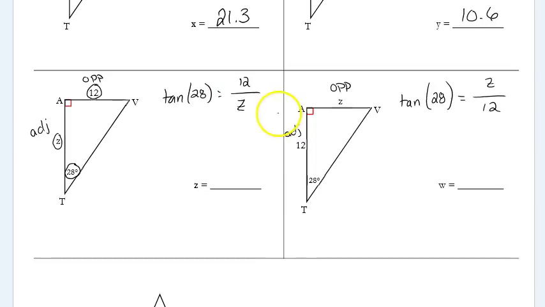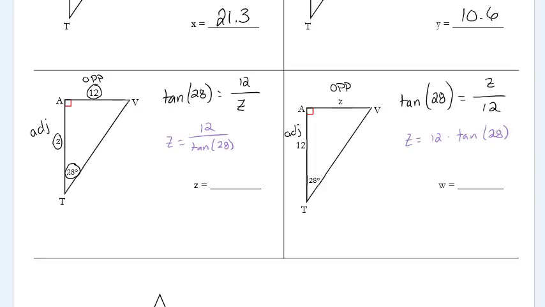So solving is different. Again, I would multiply both sides by z and then divide both sides by the tangent. I wind up with 12 over the tangent of 28. In this case, I just multiply by 12. I get z equals 12 times the tangent of 28.